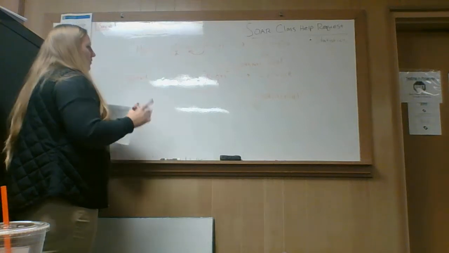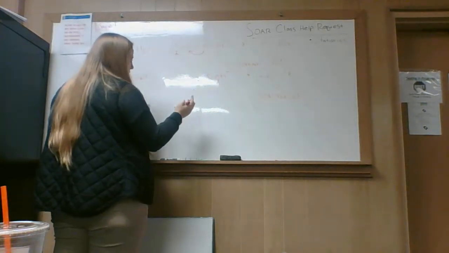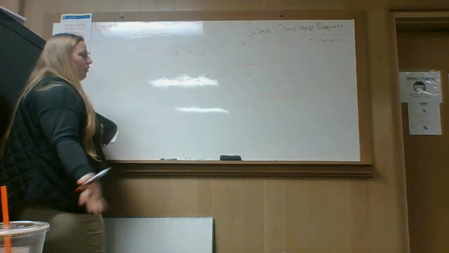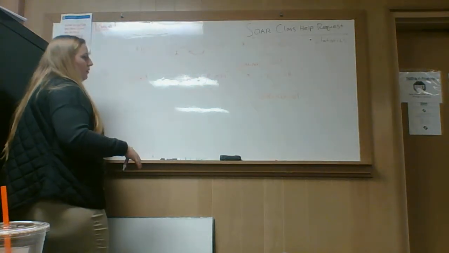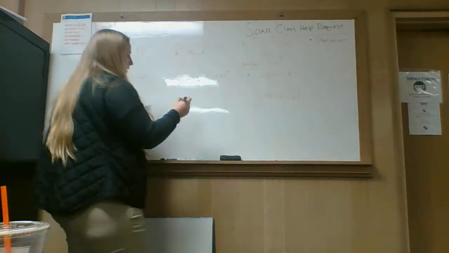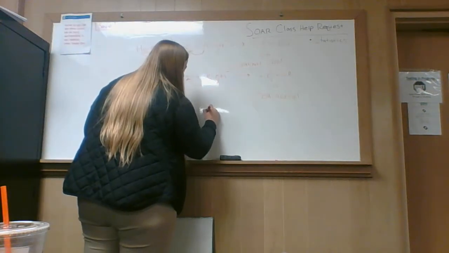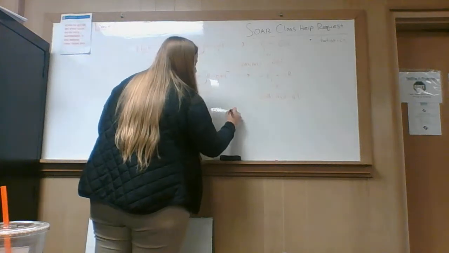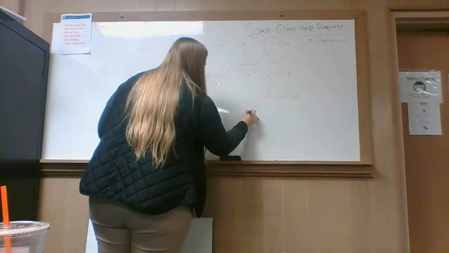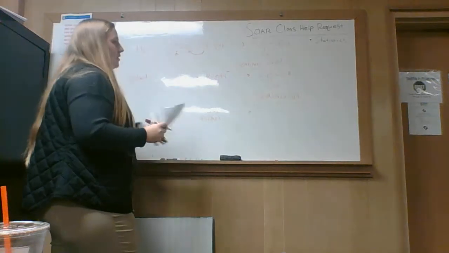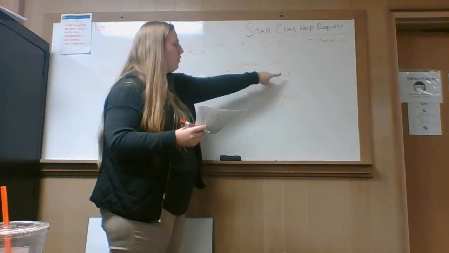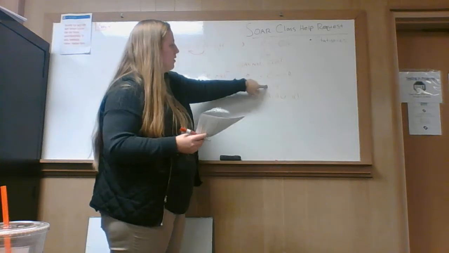If we have excess alcohol, so we have a vast amount of alcohol in comparison to our carbonyl group, we get a slightly different final product. Instead of having an OH attached here, we're going to have two ether groups attached.